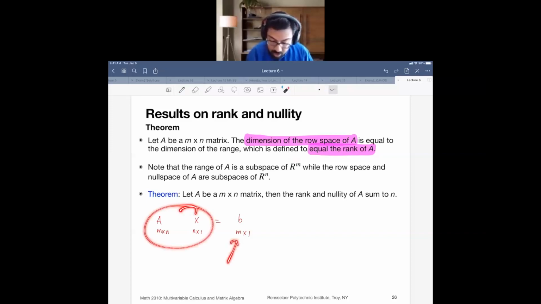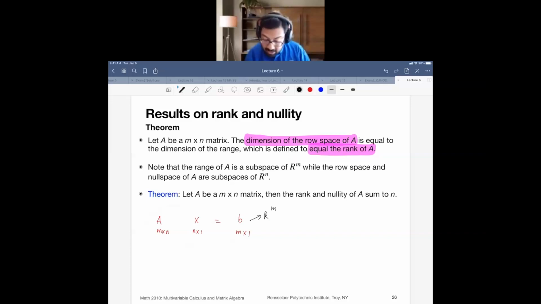All the B's belong to R^M, a different size Euclidean space than A. The range of A is defined by B that belongs to R^M, while the row space and the null space of A, which are defined by the X, are going to be in R^N, a different Euclidean space.